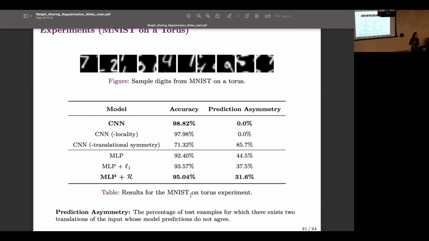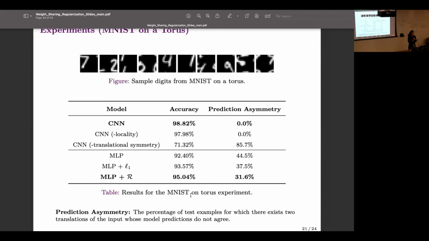Because the MNIST on torus dataset is already invariant to the translations, it makes the task easy for all of the models. We already provided the models with some information from the symmetry of the data, so we expect them to be really good. Can you train on all the 196?